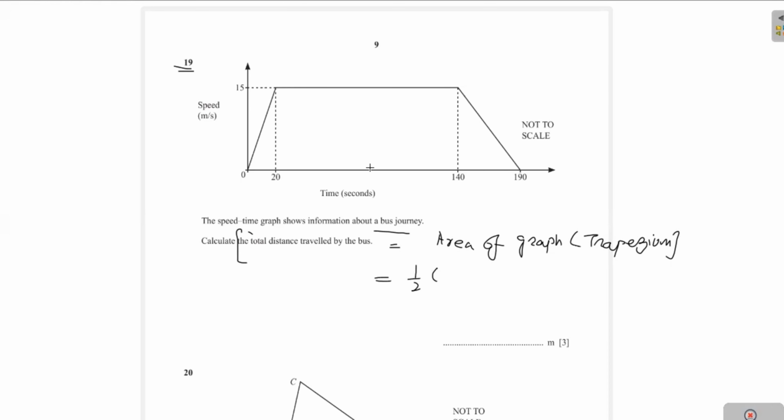The parallel sides' lengths here are 190, the first side length, and the second side length is 140 minus 20, which is 120. We write 120. And the height is the distance between these two parallel sides, that is 15. This will be equal to 2325. This is the answer.